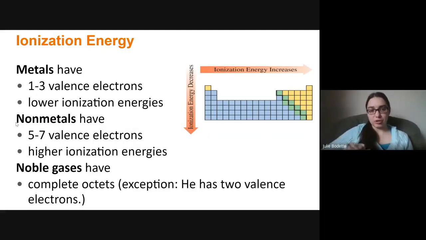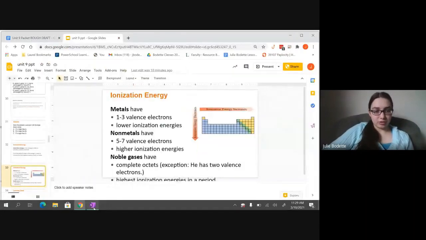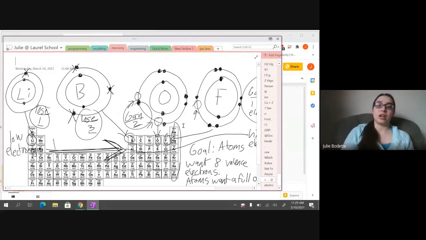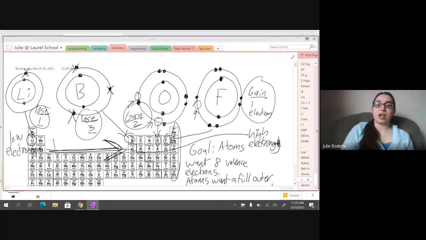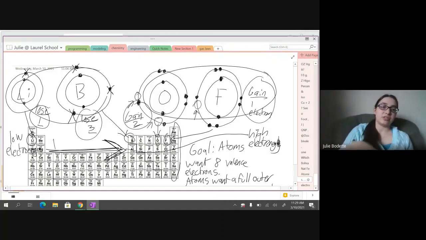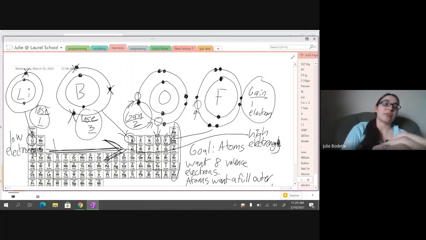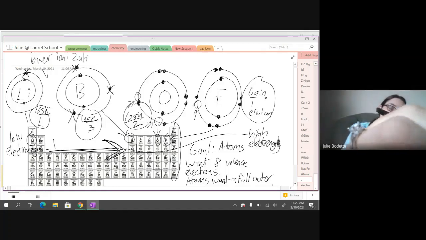Okay, so we know in general, going back to this, atoms on the right side of the periodic table, the nonmetals, want to gain electrons, and these guys want to lose electrons, right? So you can see right away, since these guys want to lose electrons anyways, they're going to have lower ionization energy.